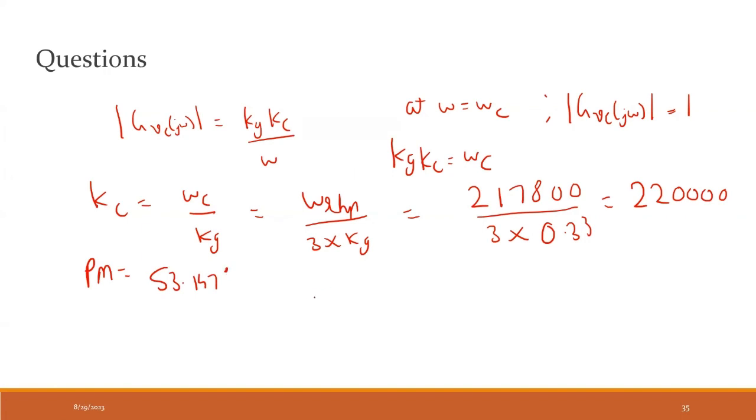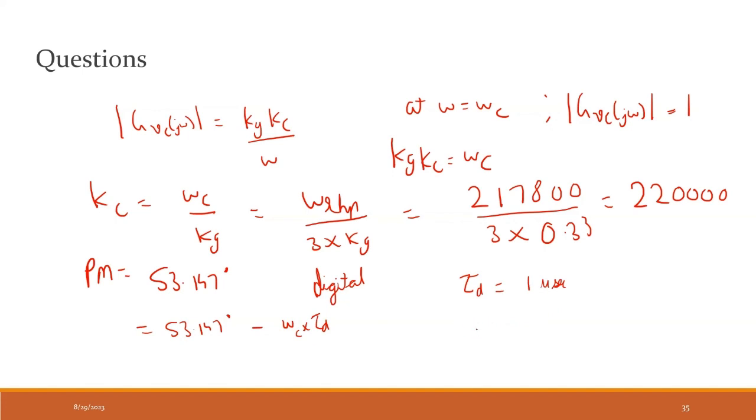But in case of digital, my phase margin will be 53.147 degrees minus omega crossover into my delay, tau d. That will reduce my phase margin. So let us assume our delay is 1 microsecond.